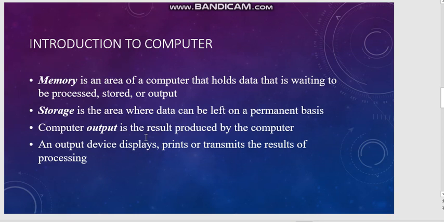So all the data and information are stored in the memory, and memory can be defined as an area of a computer system that holds the data that is waiting to be processed, stored, or output. Storage is the area where data can be left on a permanent basis. Computer output is the result produced by the computer system. An output device displays, prints, or transmits the results of the processing.